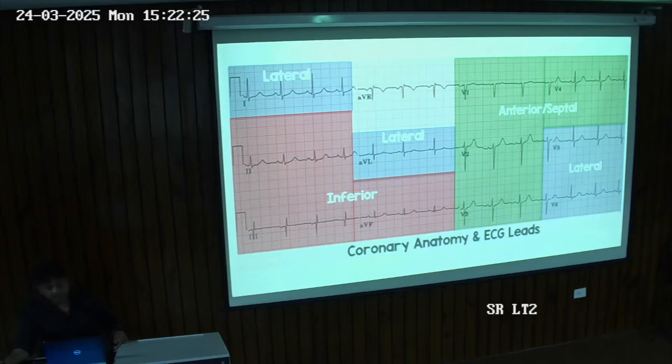V1, V2, V3 and V4 are anterior or anteroseptal, and V5 and V6 are again lateral. Second, third and AVF are the inferior leads or inferior wall. When we talk about anterior wall MI, we are saying V1, V2, V3, V4 have changes. When we talk about inferior wall MI, we are saying that second, third and AVF have changes.